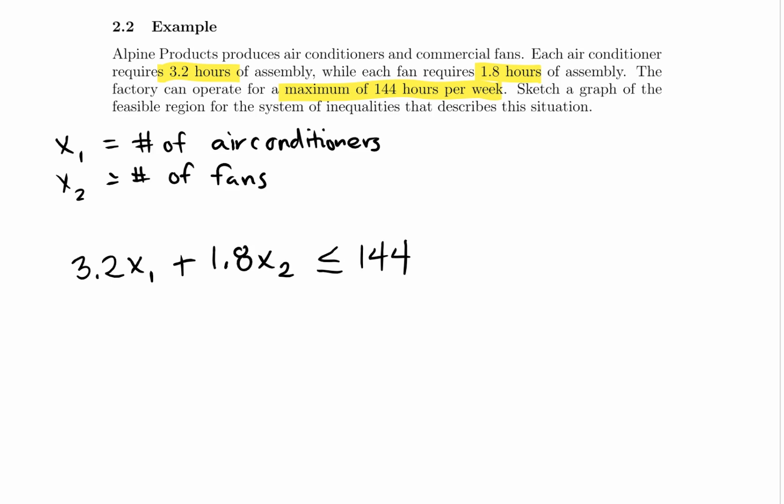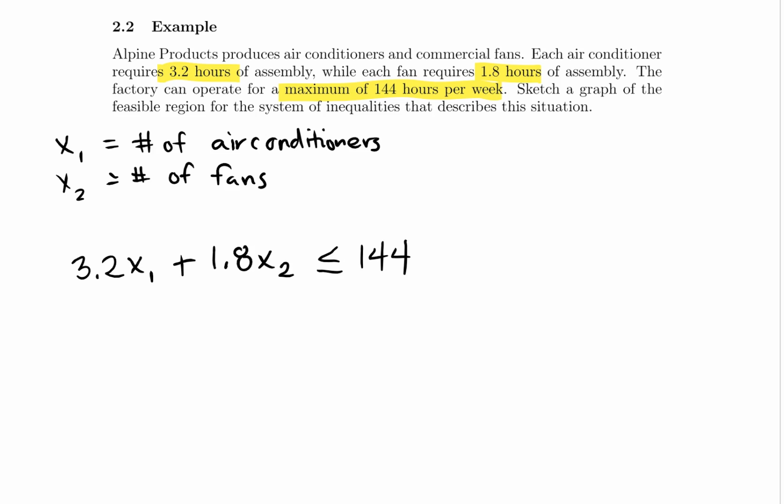Now this inequality right here is something that we could find a solution for on its own, but we have two more conditions. Since we're actually talking about a physical thing, the number of air conditioners produced can't be any smaller than 0. And the same is true for the number of fans. I can't produce -2 fans.